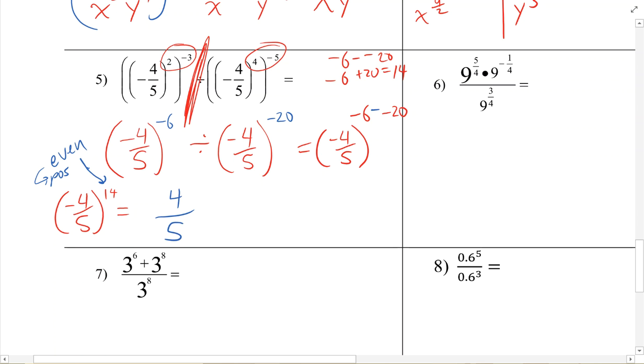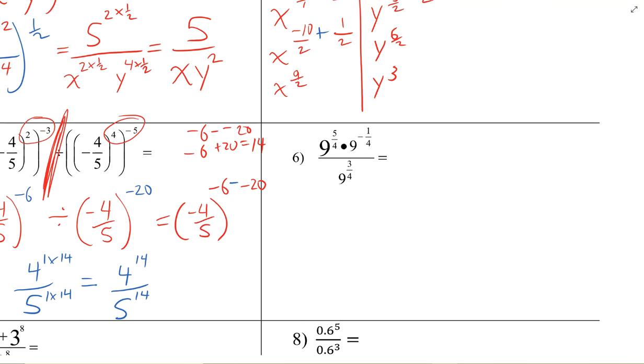And what happens with the 14? Does it magically go in there? No, it multiplies in, just like it always does. Okay. And so this would be simplest terms without going to a calculator. Any questions?